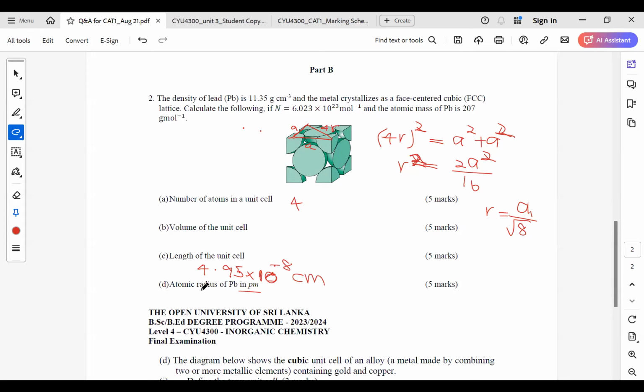Then the answer will be 175 picometers. You do it at home and see whether you are going to get this. All right. Is it clear? Yes, ma'am.